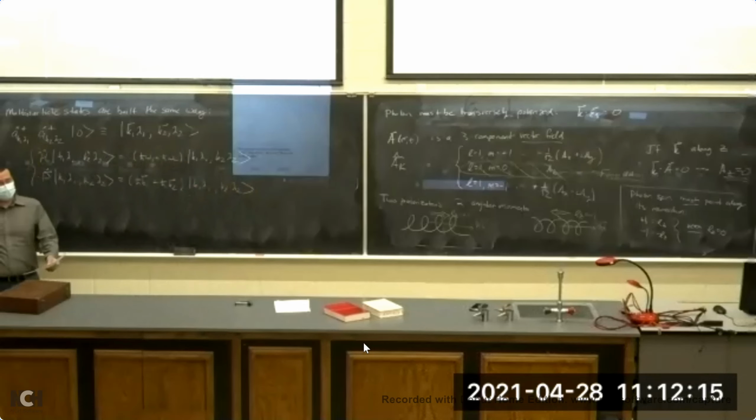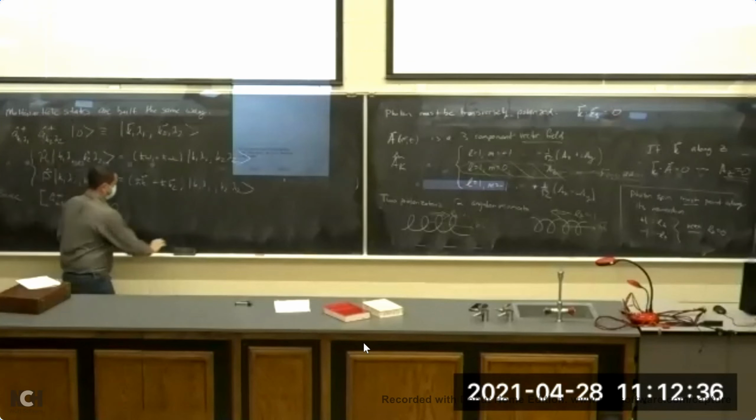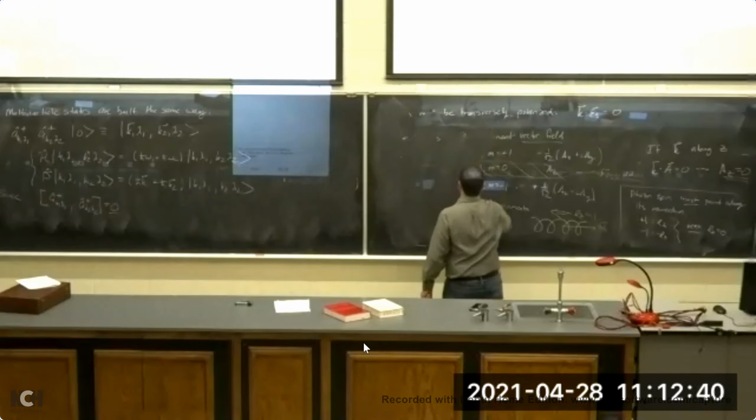So not only does it have the properties that you expect, the commutator algebra of A dagger with A dagger determines the particle statistics. Since A dagger K1 lambda 1 commutes with A dagger K2 lambda 2, the commutator is equal to 0, that tells us that this two-photon state is automatically symmetric.